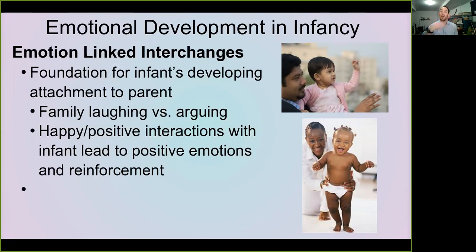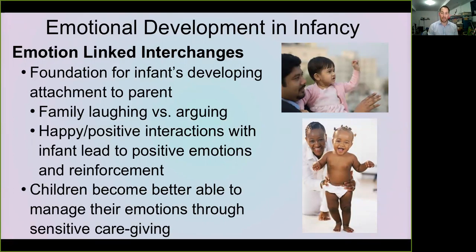So essentially, if you're having positive interactions with the people around you, in this case, an infant with their caregivers a lot of the time, then that is going to be reinforcing for the infant. They will try to do behaviors like smiling more, which makes it a little more likely that the parent will respond positively. And then more and more and more positive things are happening. So a positive upward spiral.